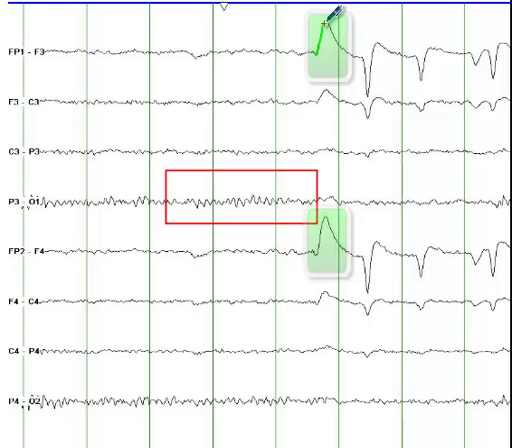This is eye closure artifact right here on both frontal regions. As soon as a person opens the eyes, the alpha frequency disappears. So in a normal awake person, on eye opening, the alpha frequency disappears, and on eye closure, the alpha frequency becomes more prominent.